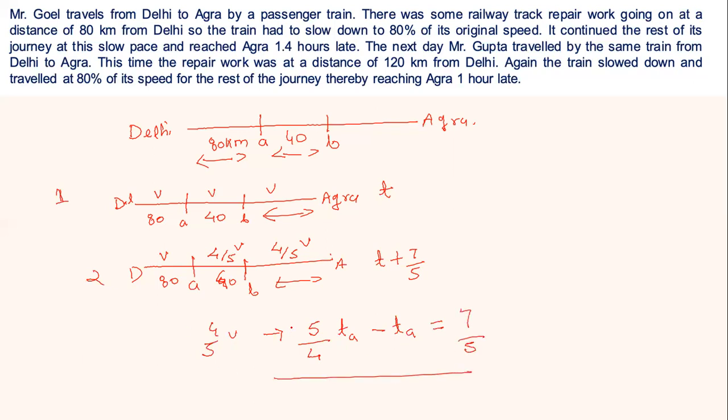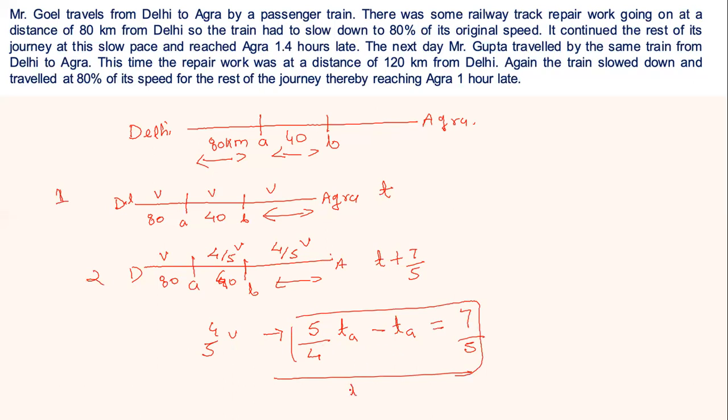Understand this. This is the most important thing. Understand this. What we have found out is that the time taken has changed only after point A, from point A to Agra, because the speed has changed only at that point. Because of this change in speed, time taken has changed, and we are reaching 7/5 hours late. So this is one equation that I have got.